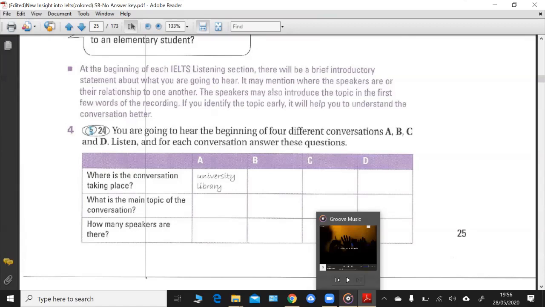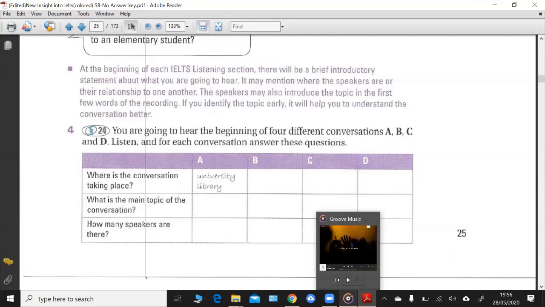Is it at home or a TV station or an office? Second one, what is the main topic of conversation? I mean, what are they talking about? What is the main thing they are discussing? And thirdly, how many speakers are there? How many persons are talking?